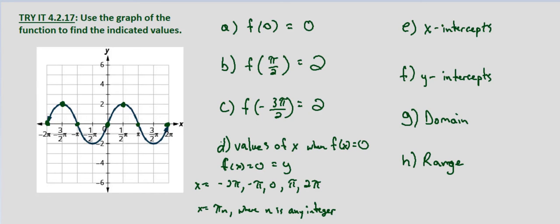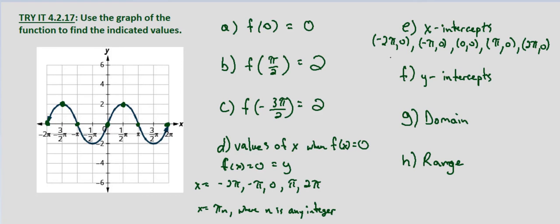Well, that's, again, when y equals 0, or when f of x equals 0. So the intercepts we'll just list as points, but we have the x values already, and we know that the y value is simply going to be 0. So the x-intercepts, at least on our graph, are negative 2 pi, 0; negative pi, 0; 0, 0; pi, 0; and 2 pi, 0.